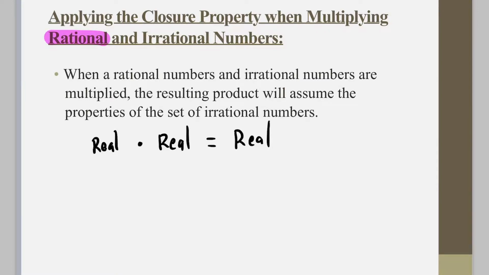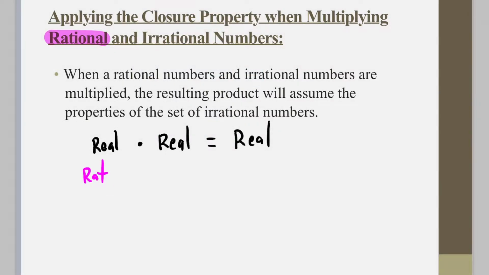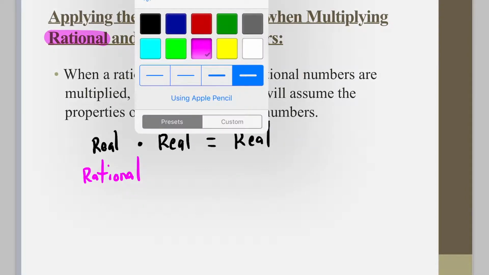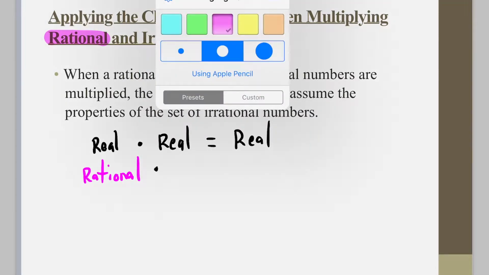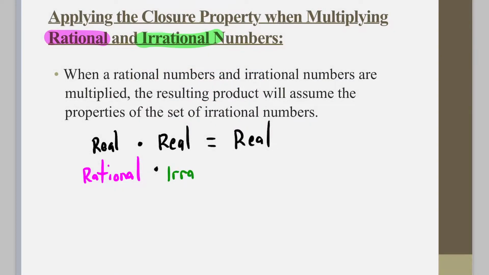If I look at a rational number multiplied by an irrational number, the properties of the result are going to be, and let's write this in green so it stays uniform, those of the irrational numbers.